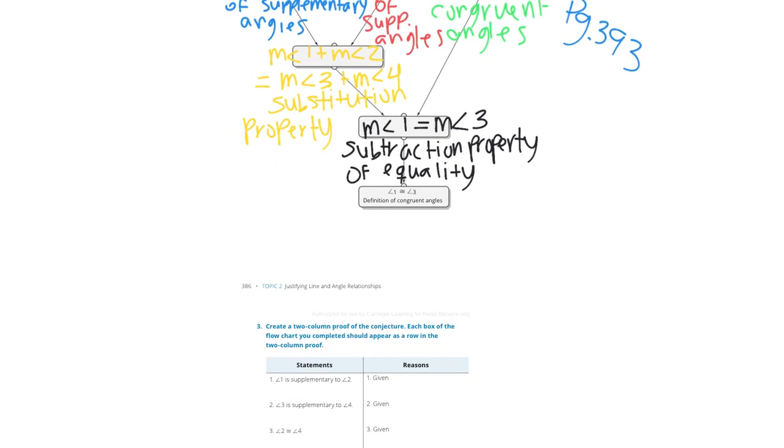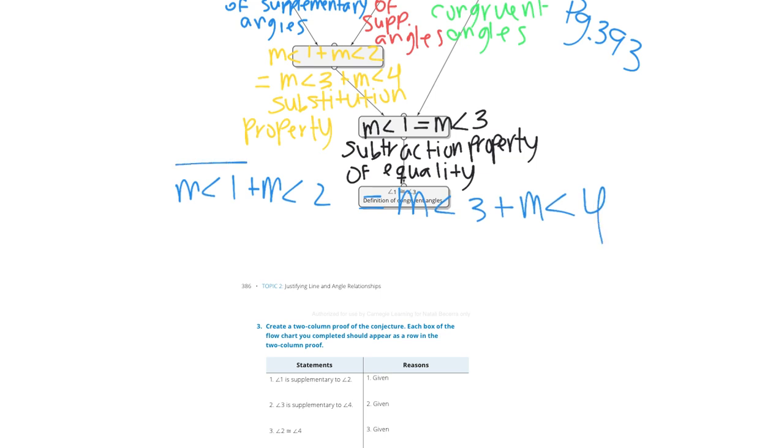The last thing here is that the measurement of angle 1 is equal to the measurement of angle 3 by the subtraction property of equality. Let me explain how they got that. So right here, we had the measurement of angle 1 plus the measurement of angle 2 is equal to the measurement of angle 3 plus the measurement of angle 4, right?